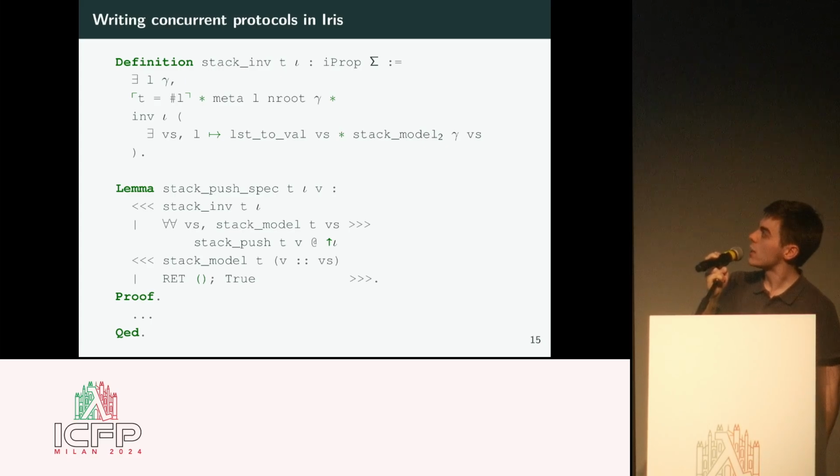Here, to enforce the concurrent protocol of our stack, we write this stack_inv predicate. It says that the instance t is a memory location that at any time points to a list of values that is the logical model of the stack. And I claim that given this predicate, you can verify the specification of push at the bottom.